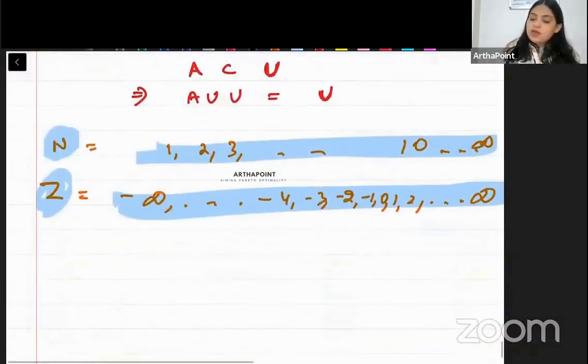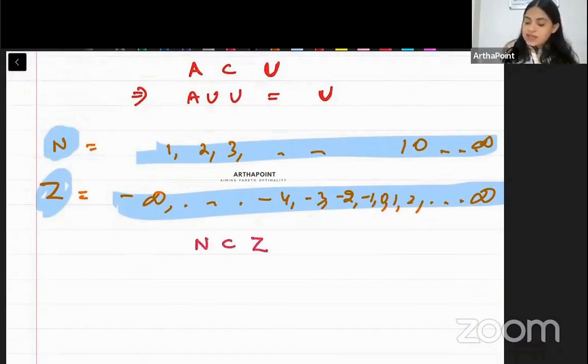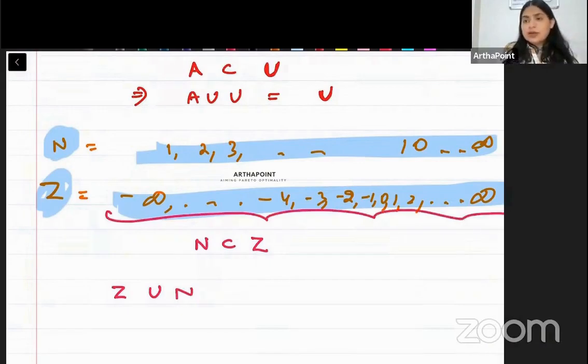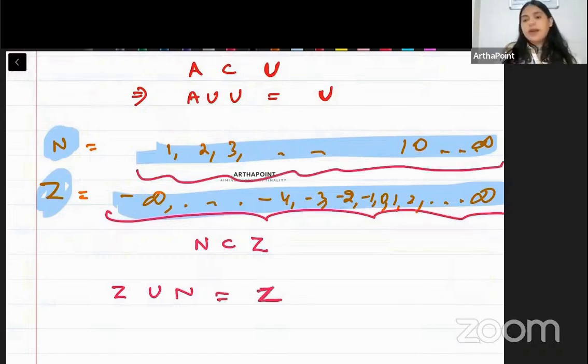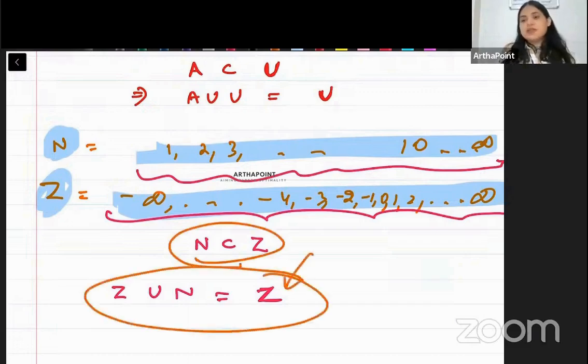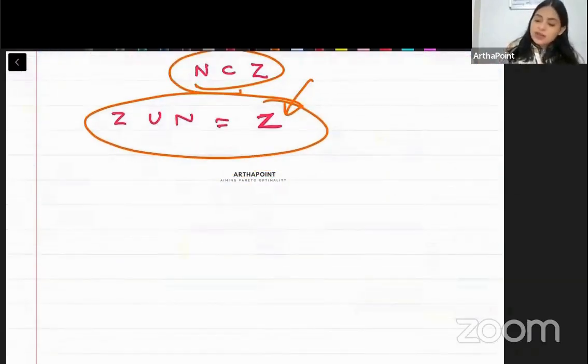So beta, we know that natural number is a subset of integers. So if I ask you union between natural numbers and integers, तो इसमें negative और positive सारे include हो ही तो गए। तो अगर मैंने एक बड़ा set ही ले लिया, उसमें सारे बाकी elements automatically आ गए। I have included every element. So when one is a subset of the other, then union just means taking the bigger set. How do I show this in the Venn diagram?